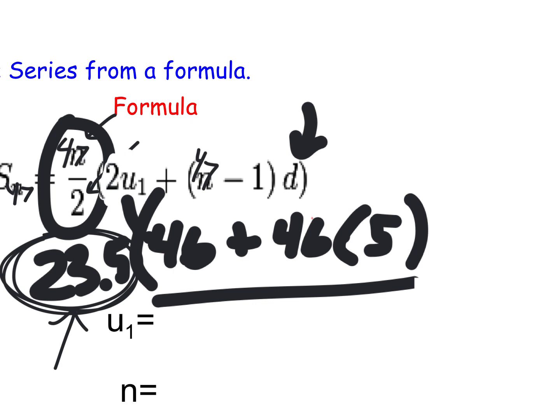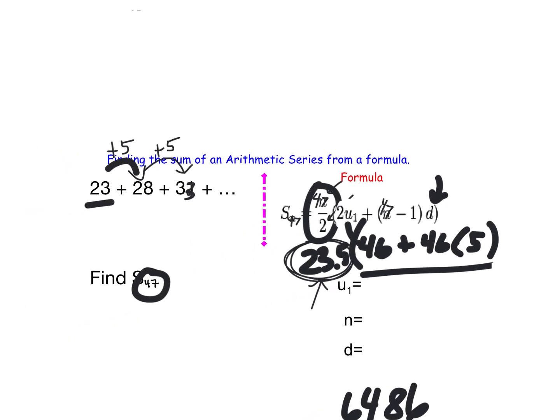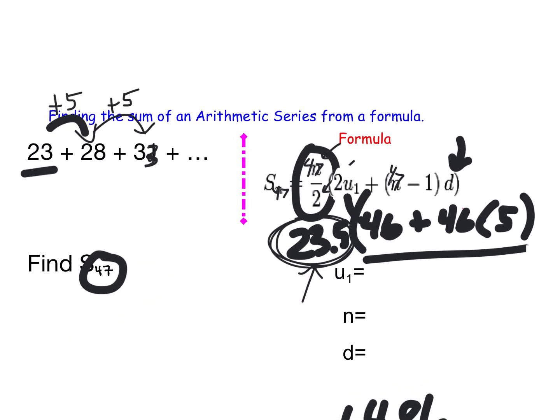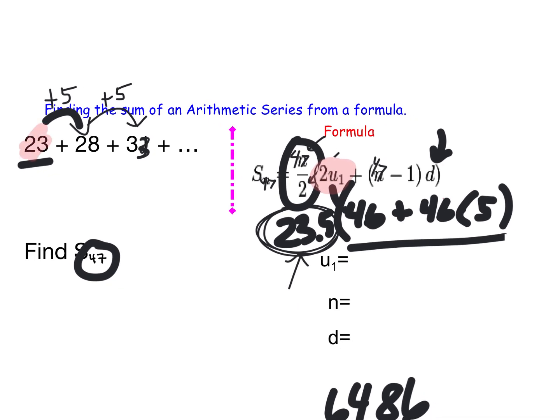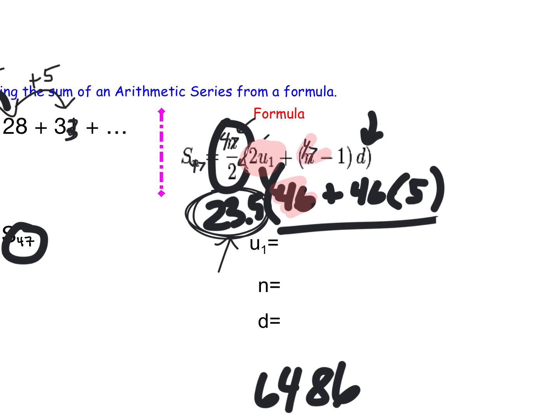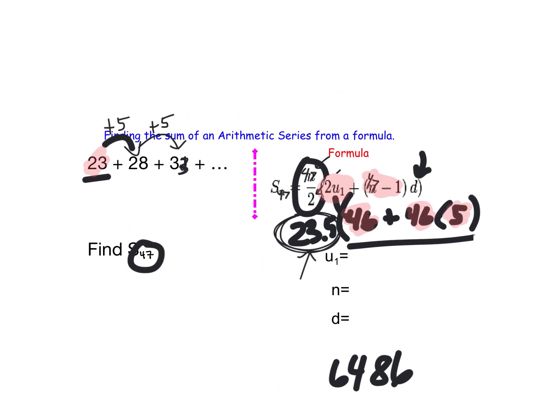Oh, do I have a mistake? I'm double checking this. Nope. 2 sets of 23 right here, so 2 23s, and that is 46, so that's right. And then this is 47 minus 1, which makes 46, so that was right. And the common difference was 5, other than the fact that this number was screwed up.